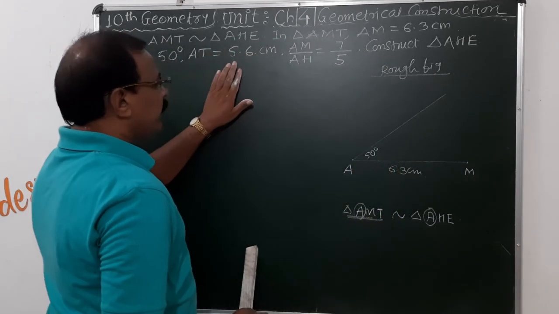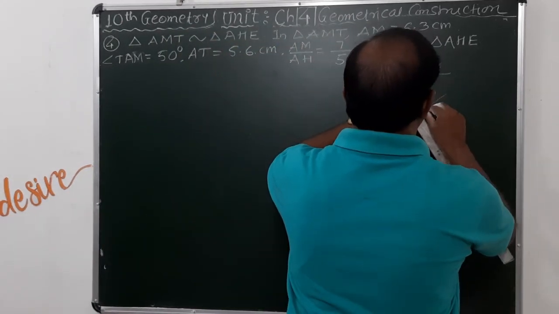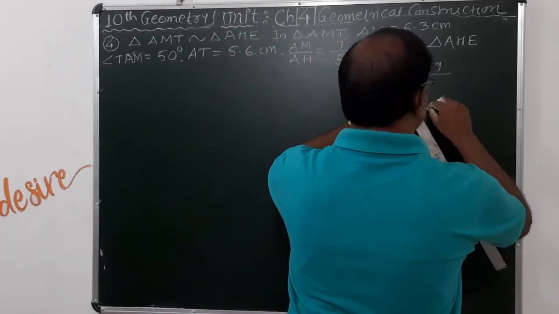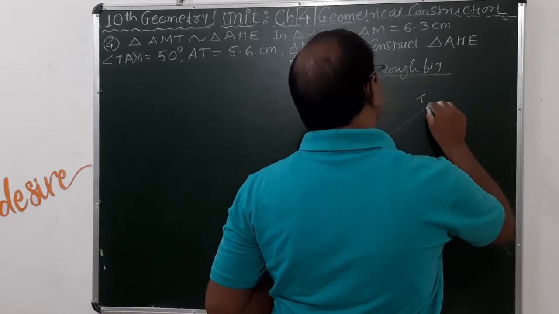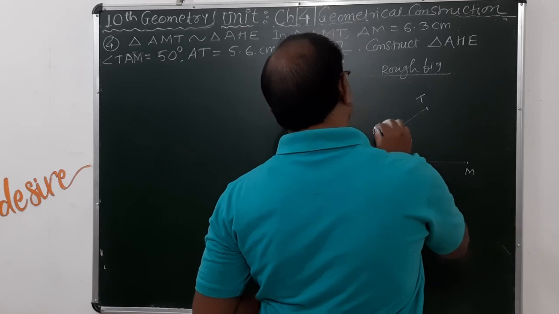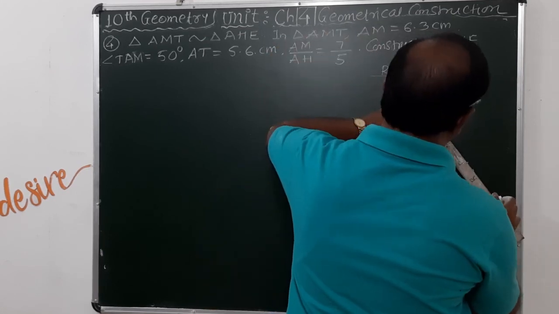And here A to T distance is equal to 5.6, so suppose this is T, and this distance is nothing but 5.6 centimeters.